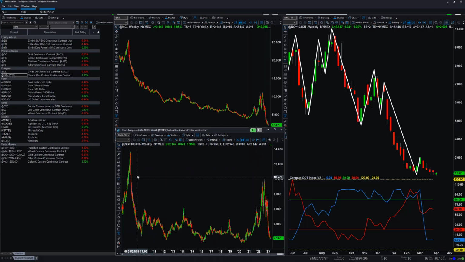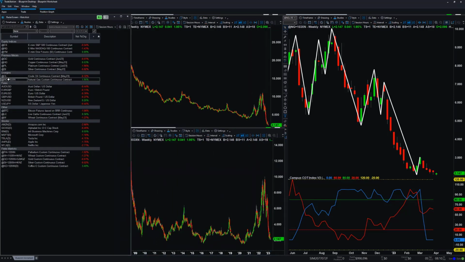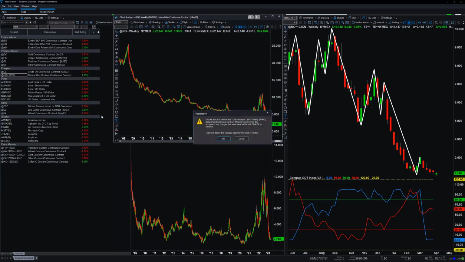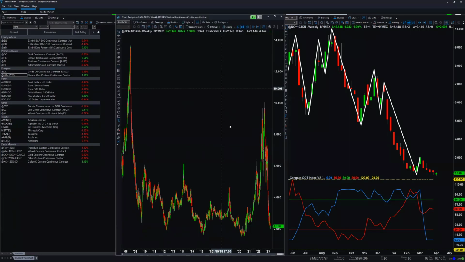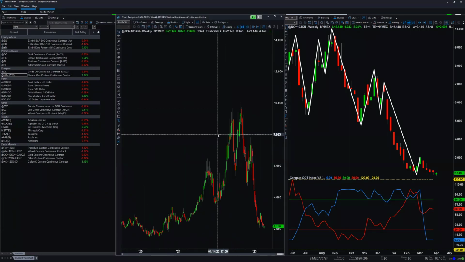So these kinds of custom symbols don't matter on all charts and on all markets, but for some markets, they really do matter. Natural gas is just one of those markets where this would matter. And so I just wanted to show you how this would look.